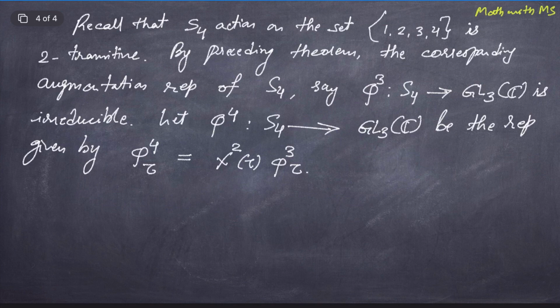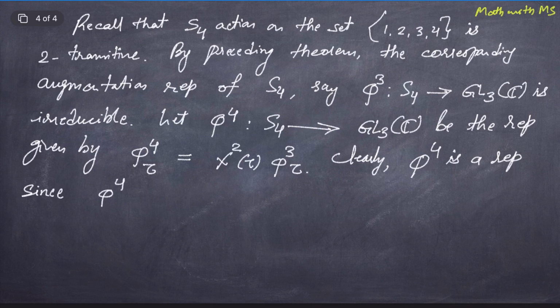So you can easily check it's a homomorphism, because if we take say tau and tau prime, clearly phi 4 is a representation, since phi 4 of say tau 1 tau 2 is going to be chi 2 of tau 1 tau 2 and phi 3 of tau 1 tau 2.